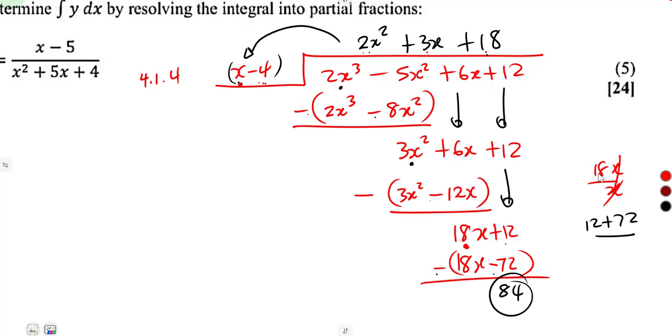So we have our quotient and we have our remainder here, and remember our divisor. So meaning to say, we can rewrite our f of x with this part that we have.